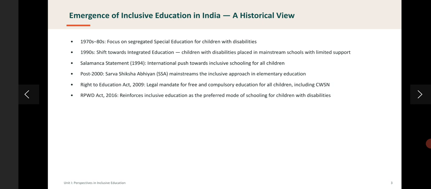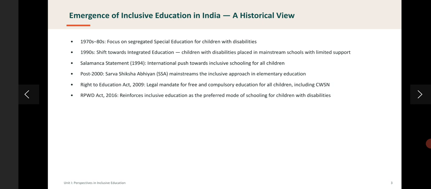Now the Salamanca Statement, during 1994, was the international push towards inclusive schooling for all children. So for all children comes an international push. First it was special education for disabled students, and then they joined the mainstream in the later 1990s.